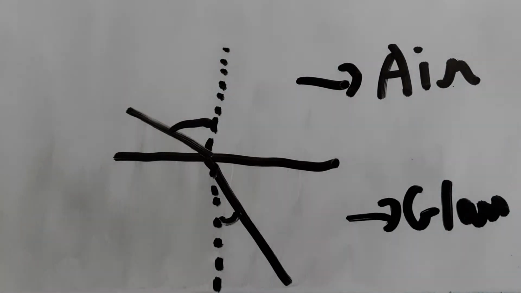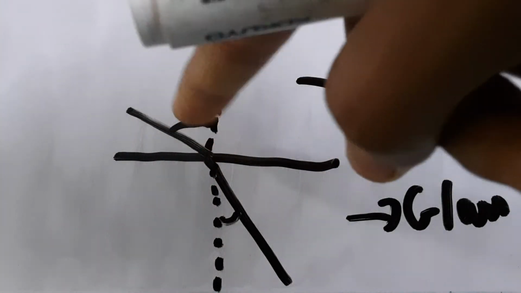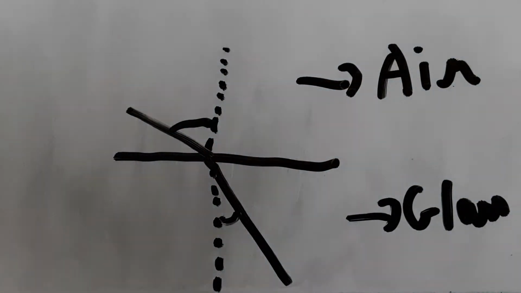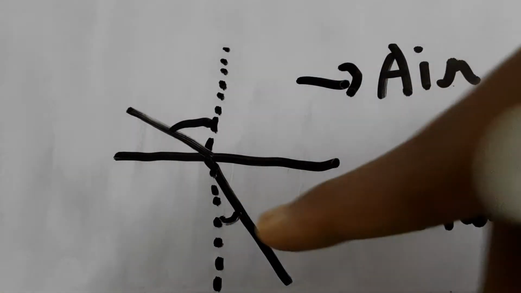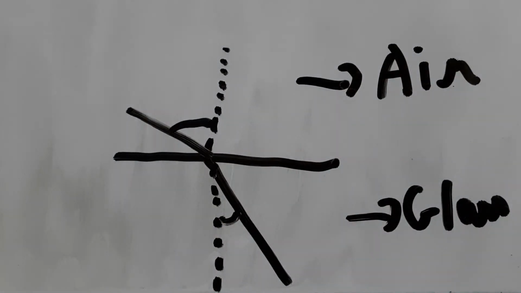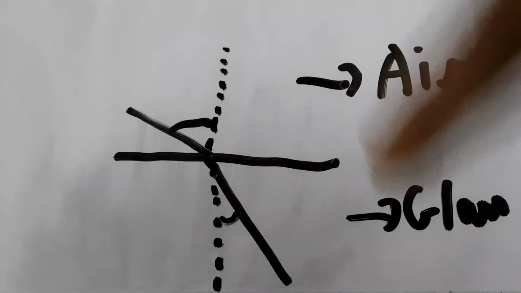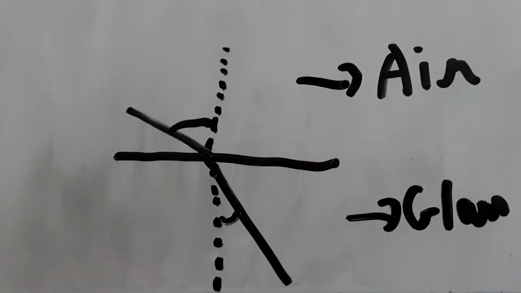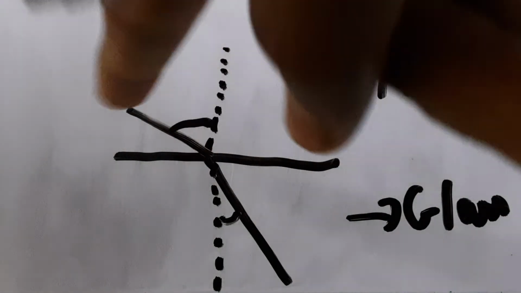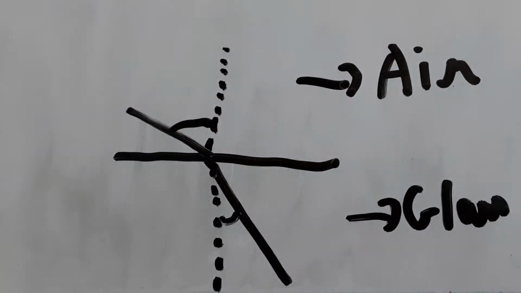Sorry, I told the wrong word: the refracted angle, this angle, will be more in degrees than this. When it's moving from optically denser to optically rarer, it would go outward, meaning the angle of the refracted ray will be more.